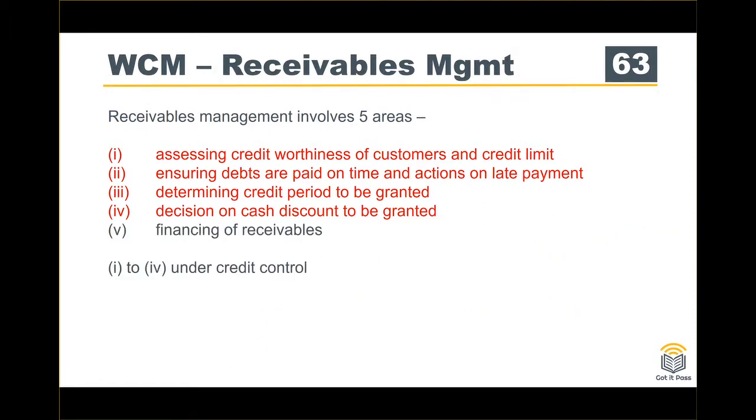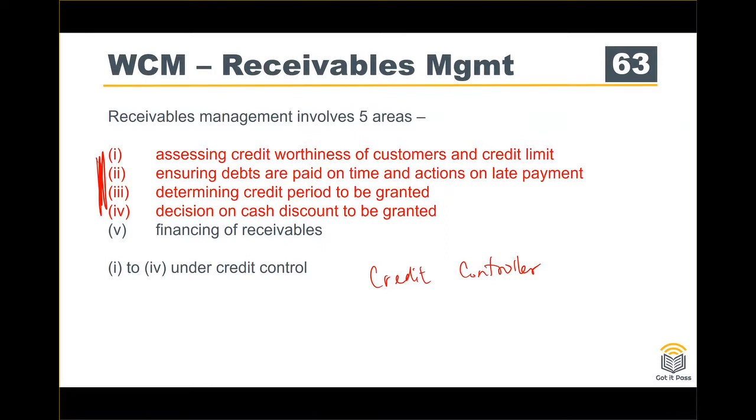Last but not least is about the financing of receivables. So all these 5 receivable management areas we are involved in. But for point 1 to point 4, they are under credit control. So the credit controller is responsible to manage the assessment of your customers' creditworthiness.